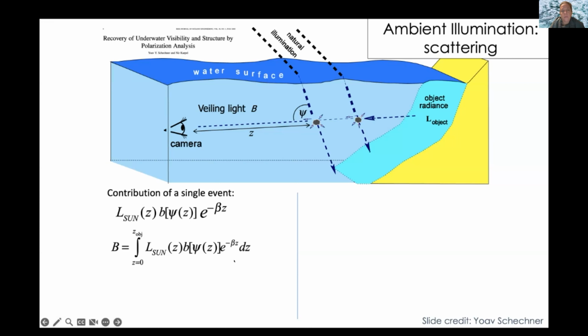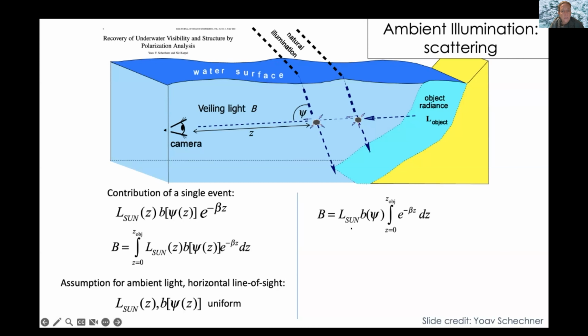And now we want to proceed with the integral, right? We want to do something with it. So how can we solve the integral? A simple way to solve it is to assume that L and B are constant along the line of sight. And then I can take them outside the integral and just integrate over the exponent.